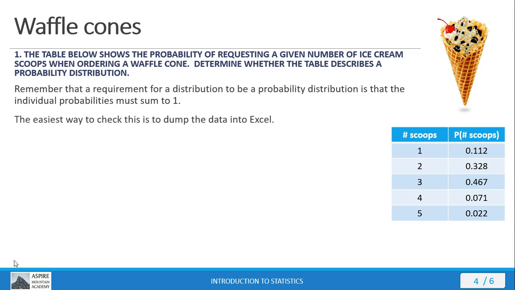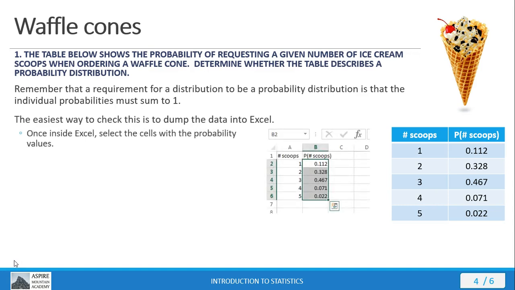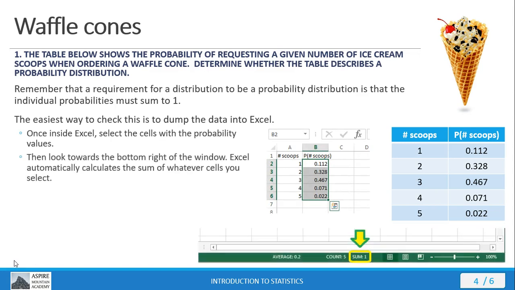The easiest way to do that is just dump your data into Excel. Once your data is in Excel, you can just select the cells with the probability values like you see here. And then if you look down at the bottom of the application window, you see the sum is already calculated for you. So if that number there is 1 exactly, then you've met that requirement for a probability distribution.